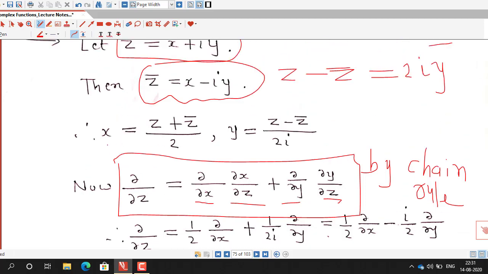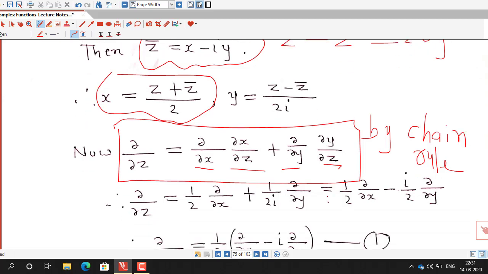Now x is z plus z bar upon 2, so we obtain the partial derivative of x with respect to z is 1 by 2. Similarly, the partial derivative of y with respect to z is 1 upon 2i. So these values are written here. Del x by del z is 1 by 2, del y by del z is 1 upon 2i.